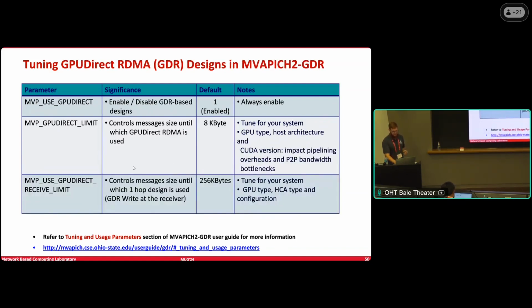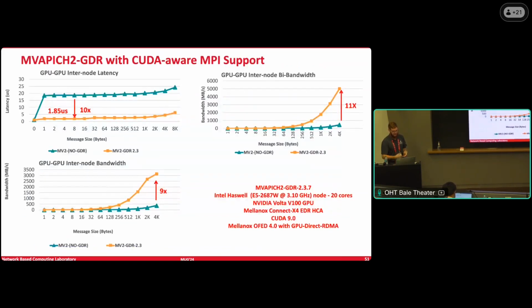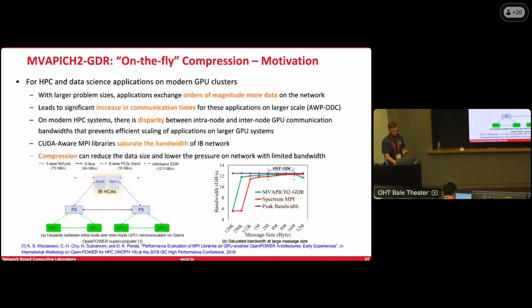So the same basic principle applies for our GPU direct RDMA designs, and these are just some examples of performance improvements that we see with our MVAPICH 2 GDR designs compared to just a naive implementation of just copying data to the host, sending it, and copying back. Another feature of MVAPICH 2 GDR is our on-the-fly compression.